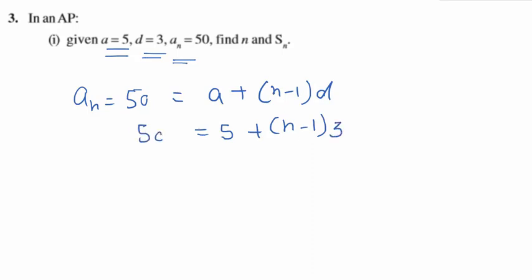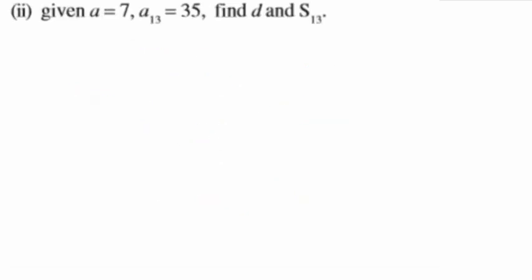Now solve this, you will find the value of n, and then you will use the formula of Sn, that is n by 2 into a plus l, meaning a plus the last term. That will be the formula of Sn. So find the value of Sn and n. This is the same.